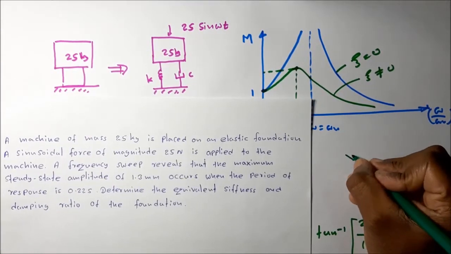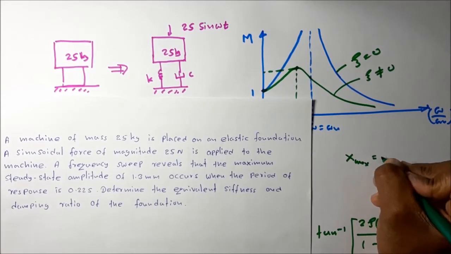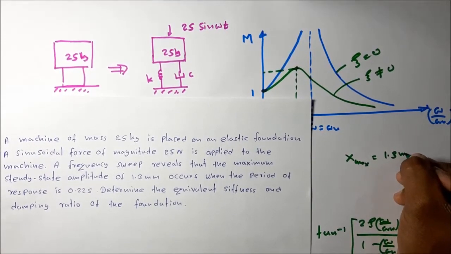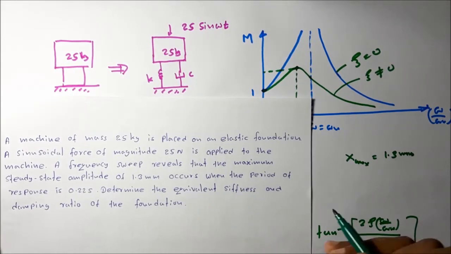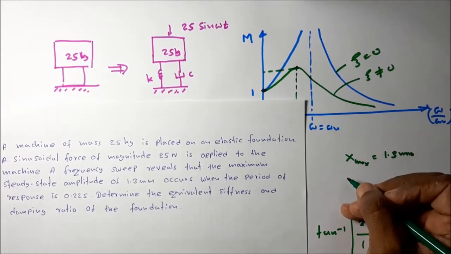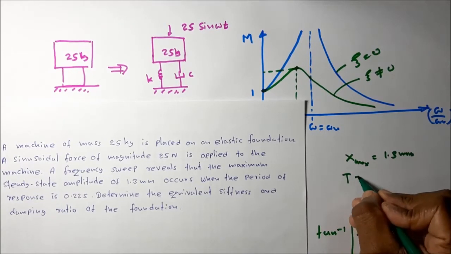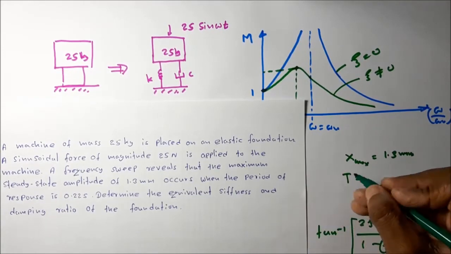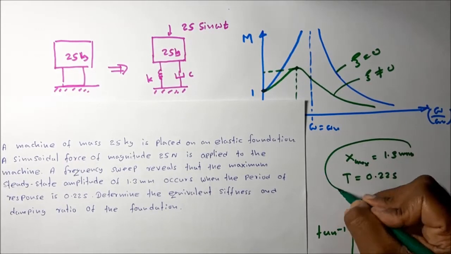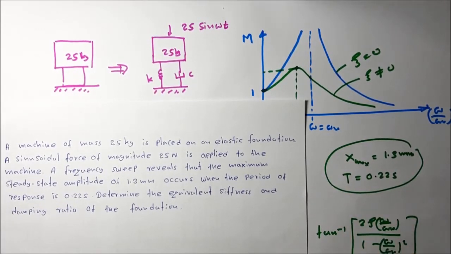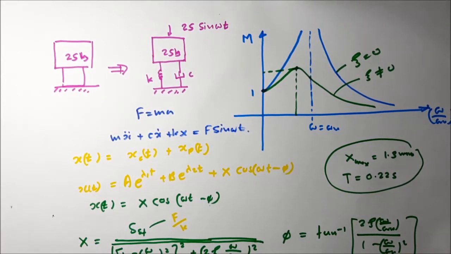That means X maximum equals 1.3 millimeters. It occurs when the period of response, which equals the periodic time of the excitation function, is 0.22 seconds. So this data is given, and I am going to use this data to find the answer.